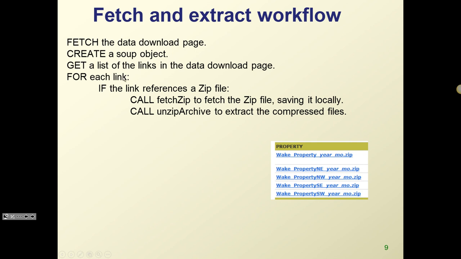And then for each link, if the link references a zip file that you want, you could call the fetch zip function to fetch the zip file and save it locally, and then call the unzip archive function that we looked at on the previous slide to extract the compressed files.